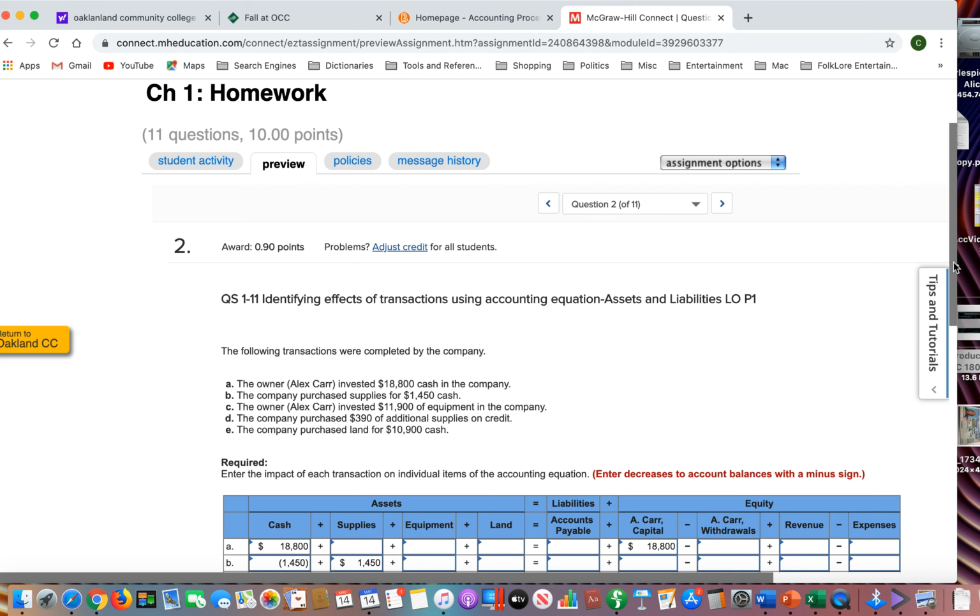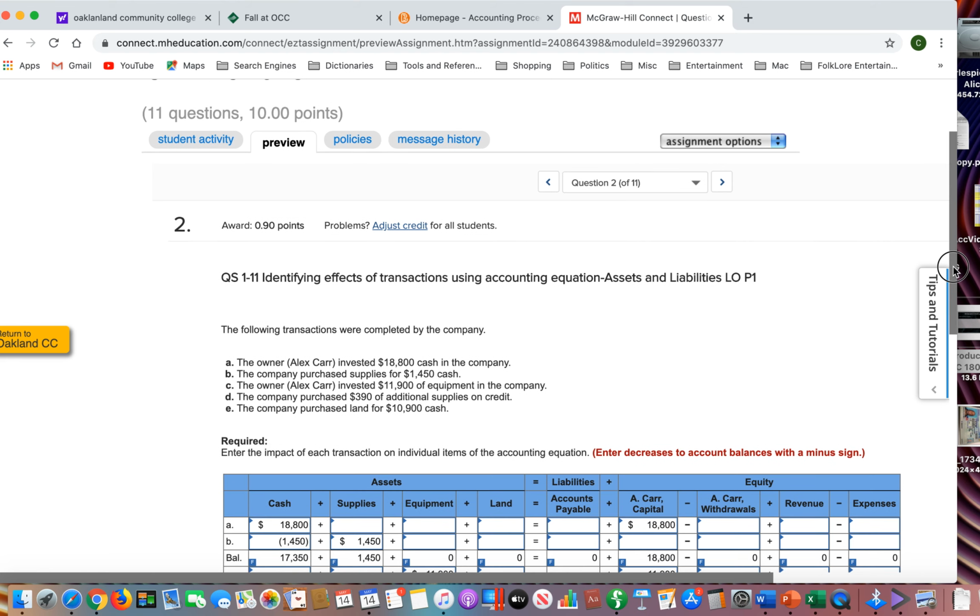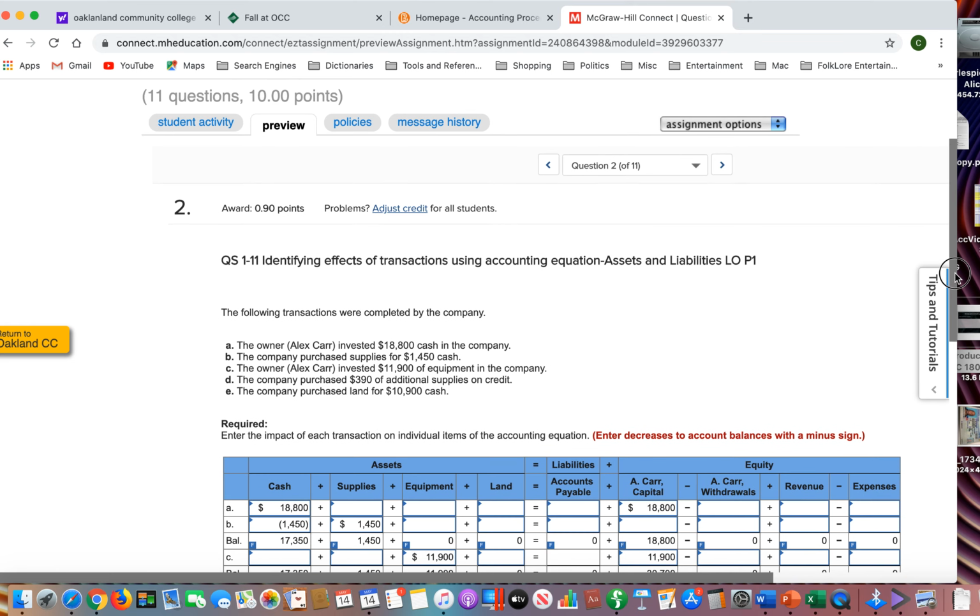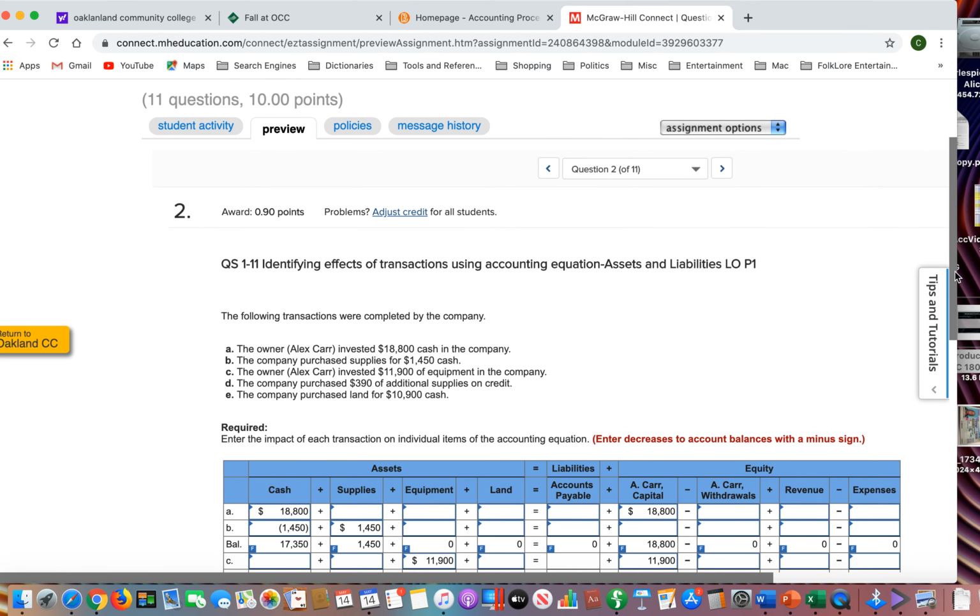Okay? So it doesn't affect the equity side at all, or the liability side. The owner invested $11,900 of equipment. So what happened? Equipment went up, and so does the investment part. Look at this. Where's that 11,900? See that? 11,900. Equipment went up, and so did the investment.